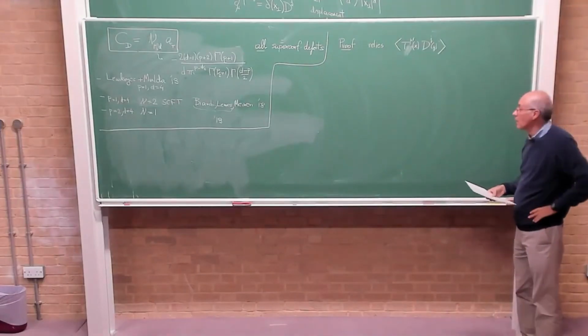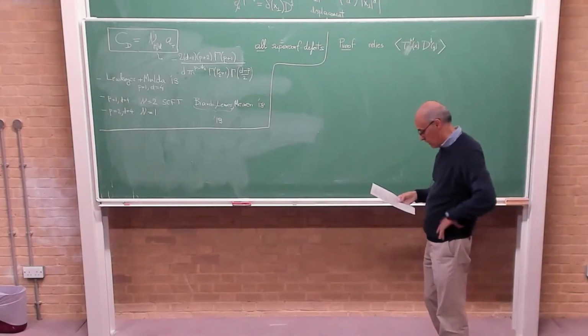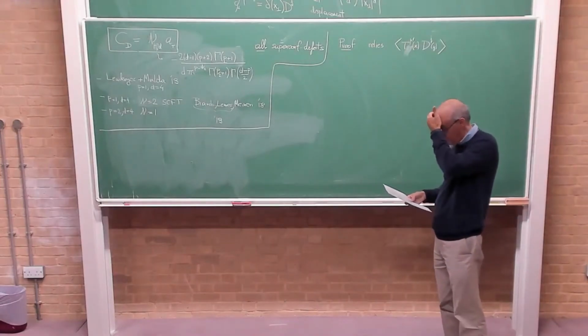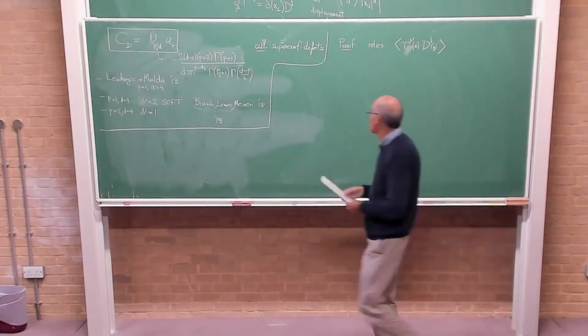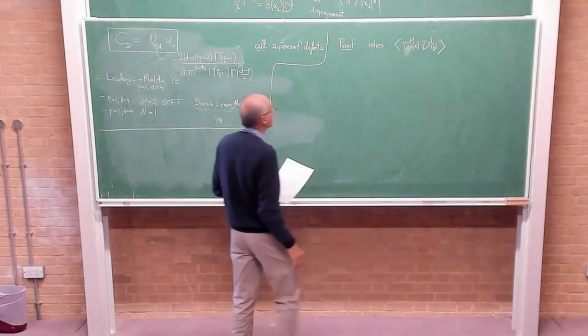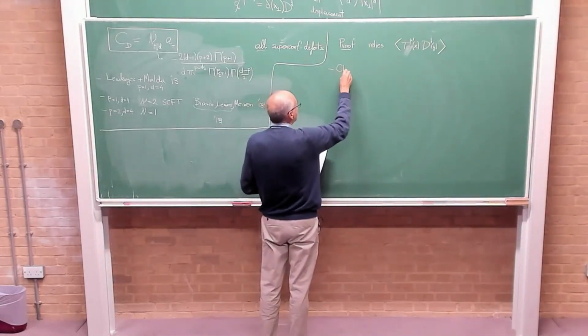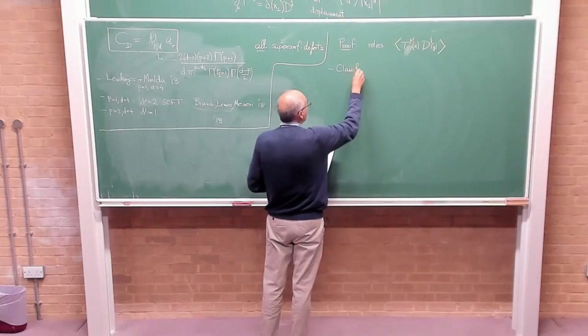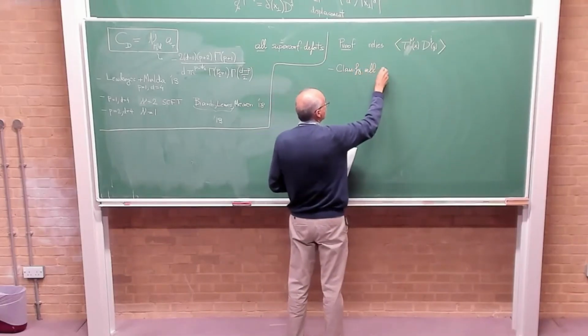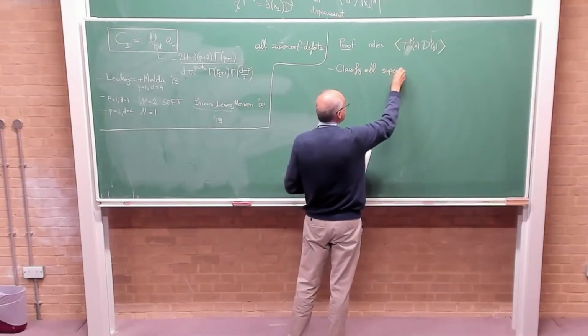Now, how much do I want to tell you about the proof? I would say very little, but it has two strands. The first strand is to classify all superconformal defects.